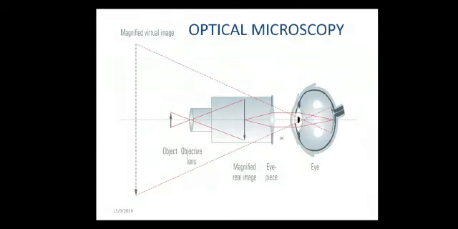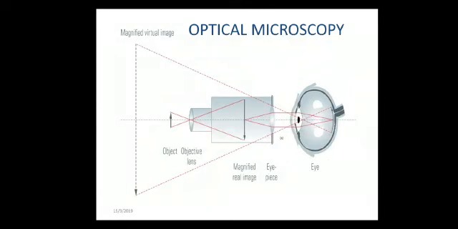It is not a difficult process to operate these machines. If you have a semi-skilled operator, that is enough to get clear images using optical microscopy. And it is easy to integrate with digital systems for data storage and analysis.